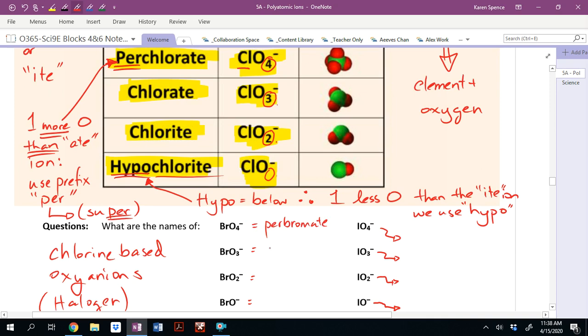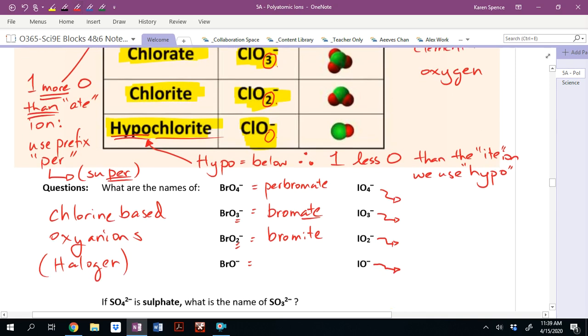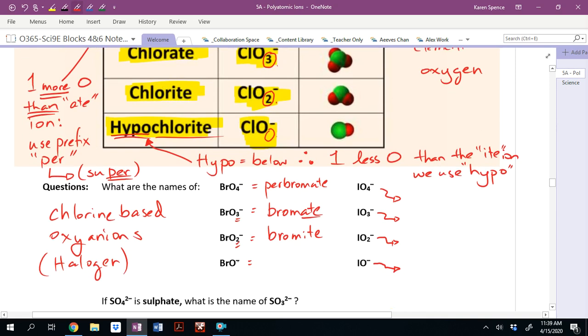ClO3 minus was chlorate, so BrO3 minus would be bromate. One less oxygen than an ate ion is our ite ion, so we would go from bromate with 3 oxygens to bromite with 2 oxygens. And then one less oxygen again, that's one less than the ite, would be hypobromite.